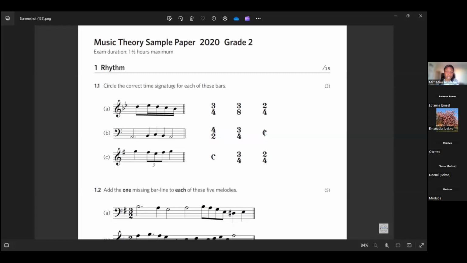So I'm waiting on Naomi, Moduper. I thought I had Idalia on this call. Okay. Moduper and Naomi. Okay, because of our time, I will go on.